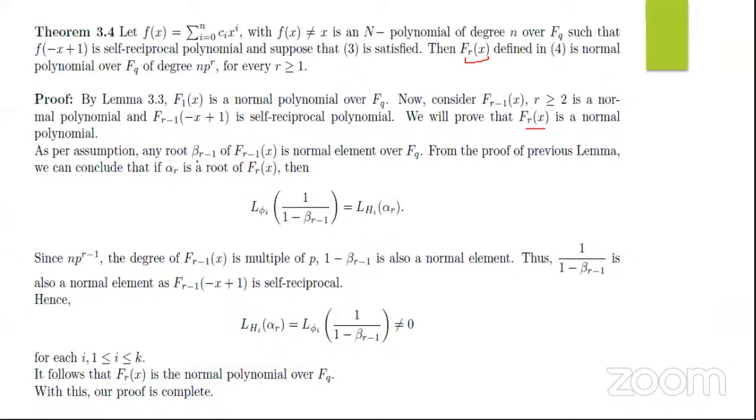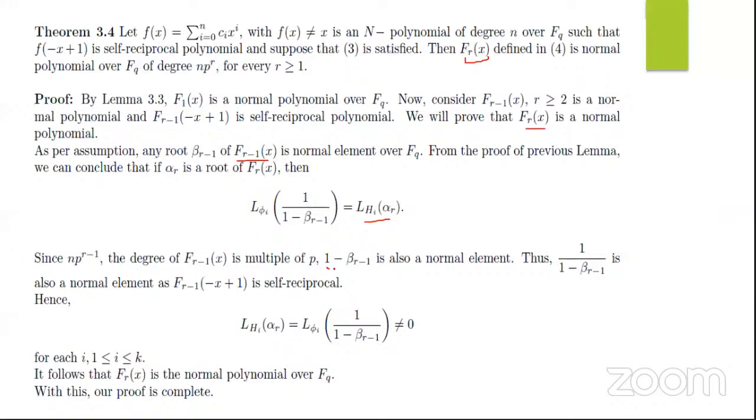For this, we take root beta r minus 1 of fr minus 1 of x, which, since this is a normal polynomial, therefore beta r minus 1 is a normal element. And using the previous lemma, the linearized polynomial of 1 upon 1 minus beta r minus 1 is equal to the linearized polynomial of alpha r.